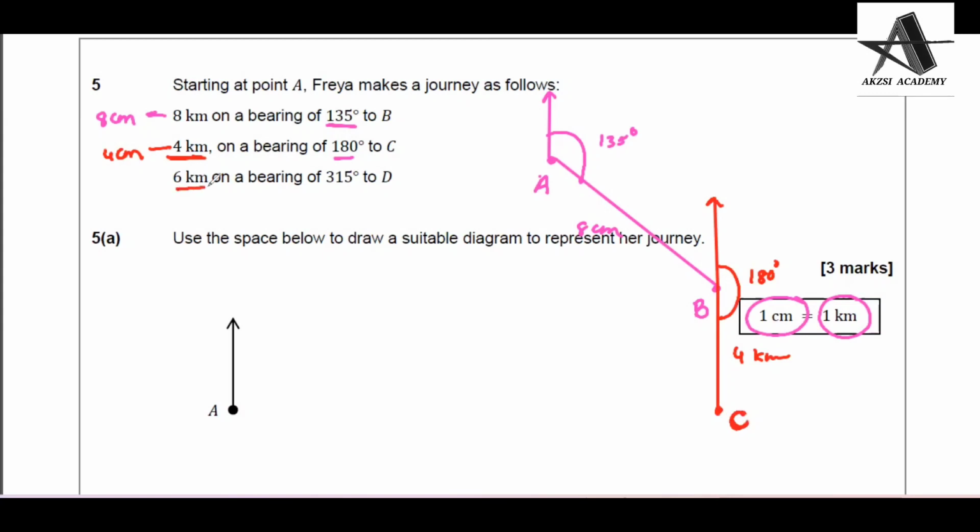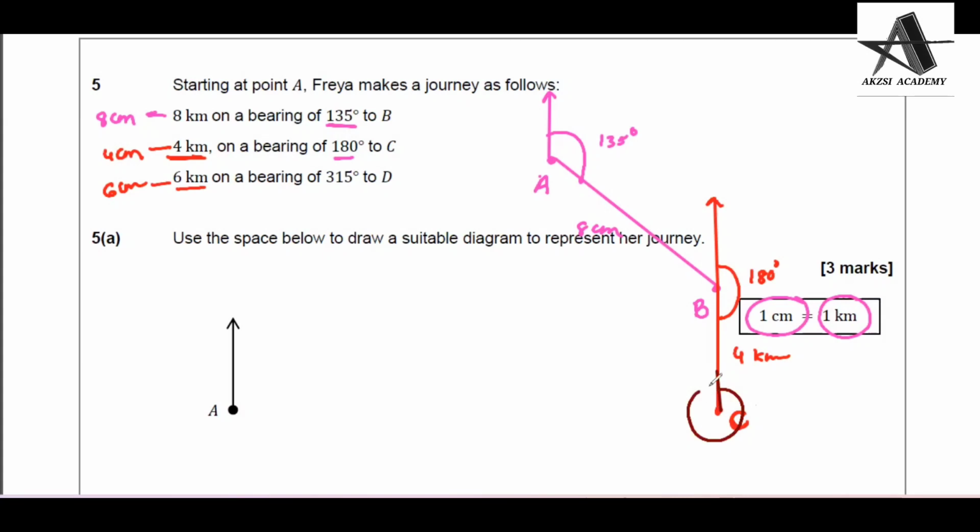Then it says 6 kilometers, that means 6 centimeters on paper, on a bearing of 315 degrees to D. That means from C to D. At C you again have to draw a line pointing towards the north. And from here you have to calculate 315 degrees. I told you how you can calculate 315: by splitting into 180.